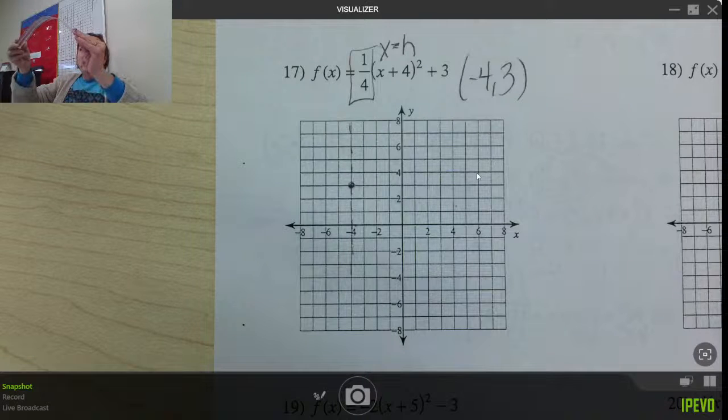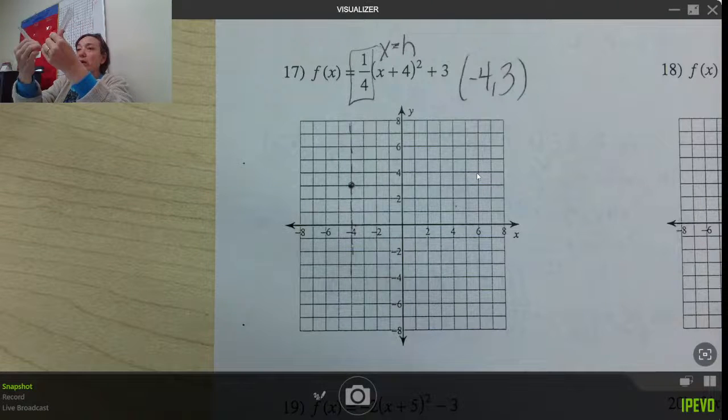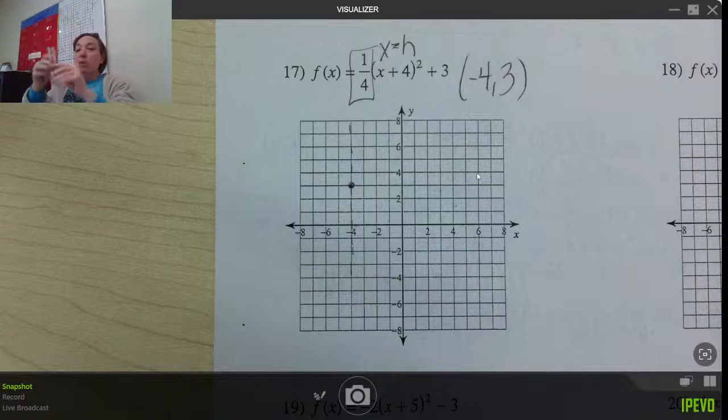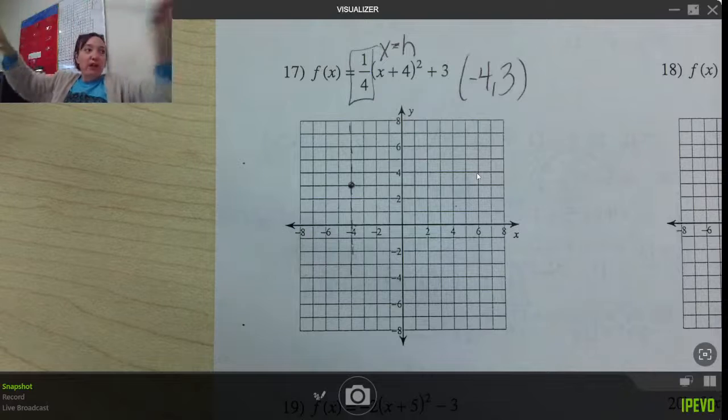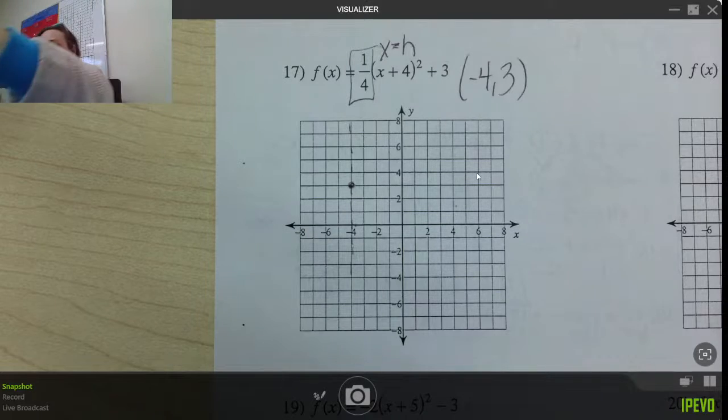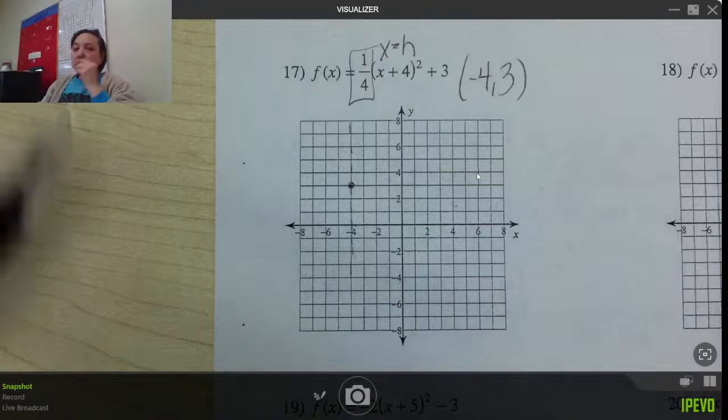So the closer to 0 you are, the wider that it's going to be. And it works the same way if we go this way, right? The closer to 0 we get, the wider it's going to be. So the smaller the absolute value of that number is, the closer to horizontal that shape is. Does that make sense? Okay.